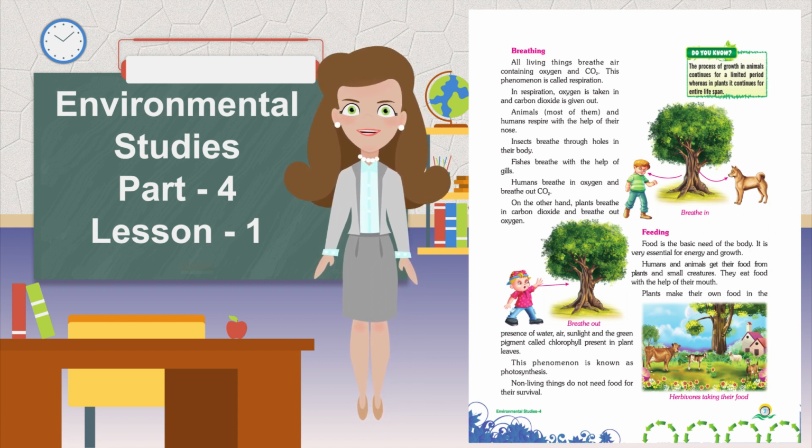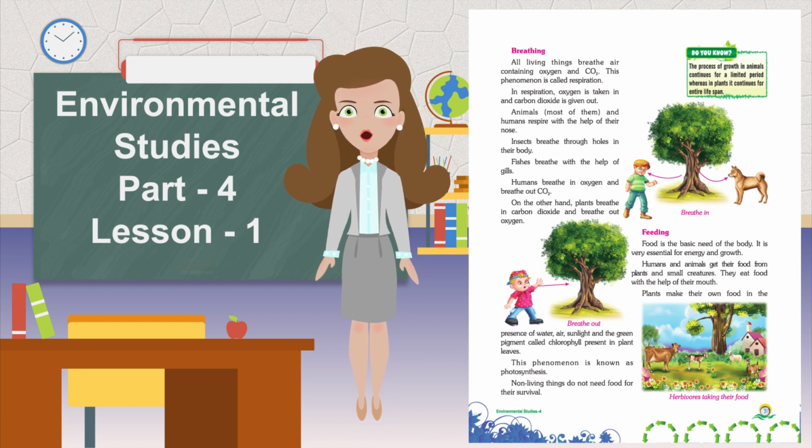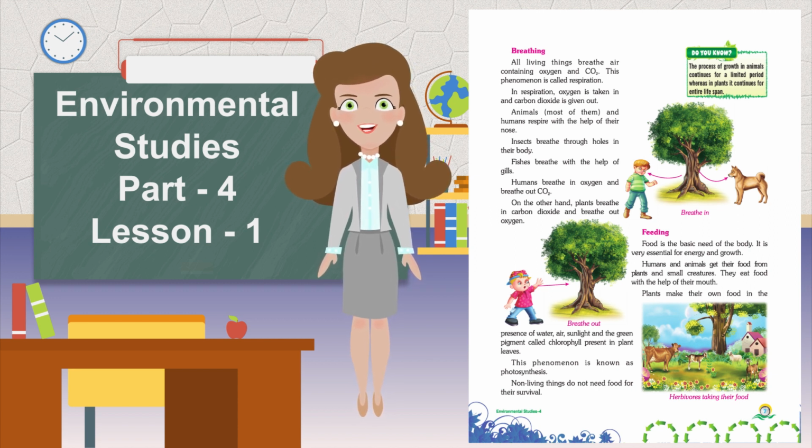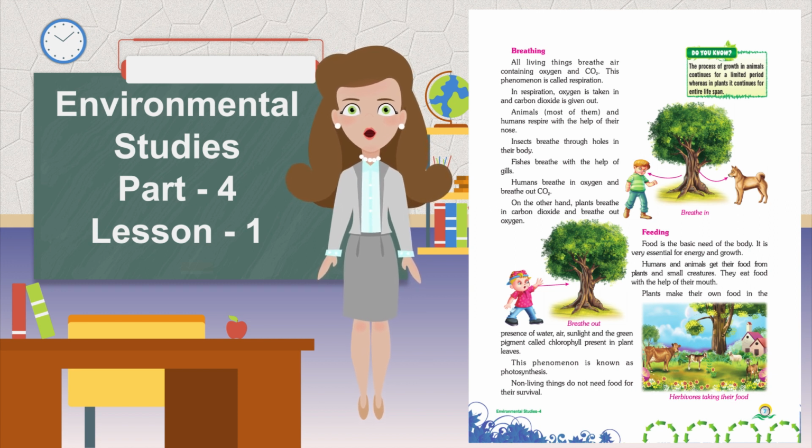Insects breathe through holes in their body. Fishes breathe with the help of gills. Humans breathe in oxygen and breathe out CO2. On the other hand, plants breathe in carbon dioxide and breathe out oxygen.